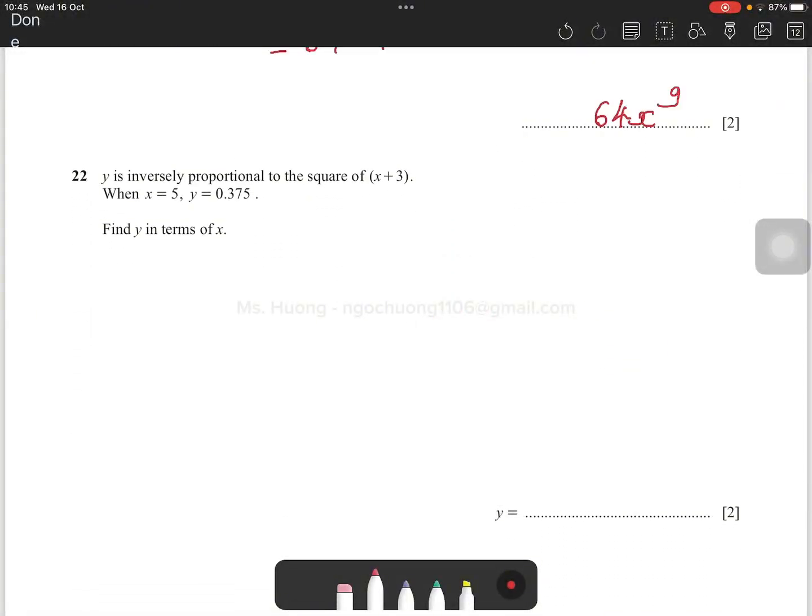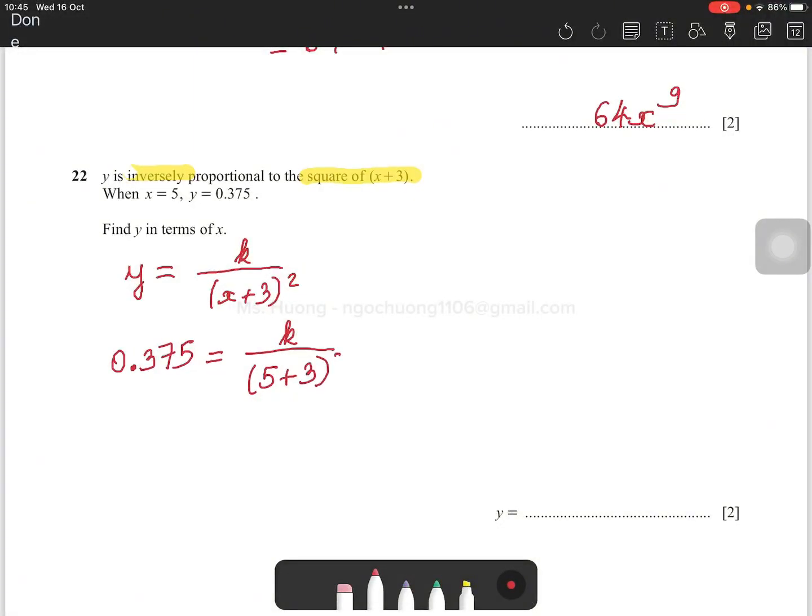Question 22. Y is inversely proportional to the square of x plus 3. So this means y is equal to k over x plus 3 squared. When x equals 5, y is 0.375. So we substitute: 0.375 equals k over 5 plus 3 squared.